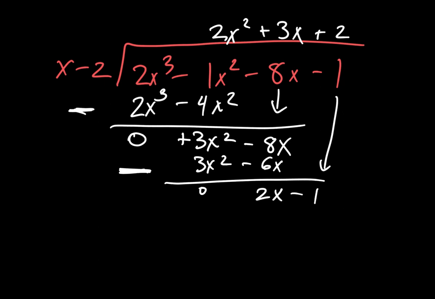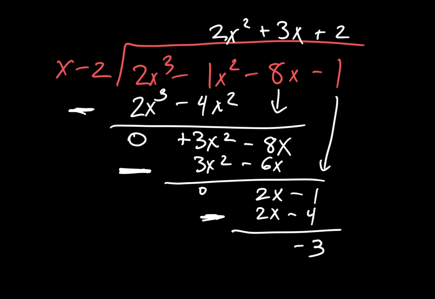Multiply 2 times the x over here. 2 times x, 2x. 2 times negative 2, negative 4. Subtract. And I'll get negative 3, 5. So I don't know what I did different. This 2.